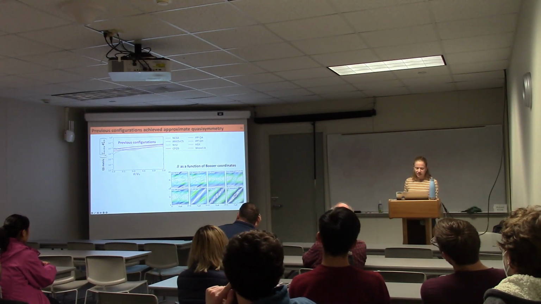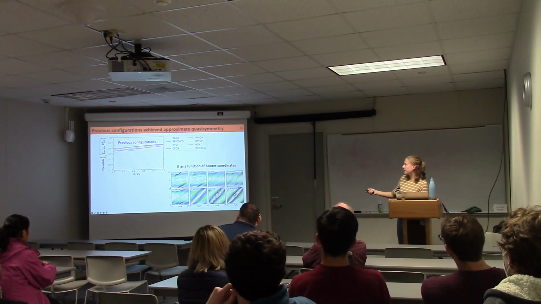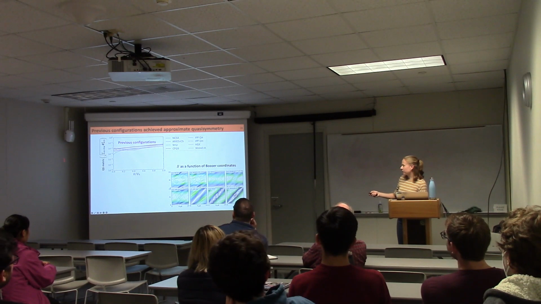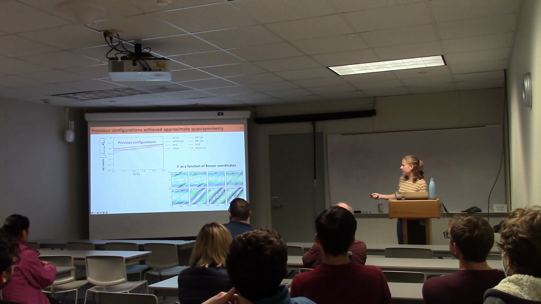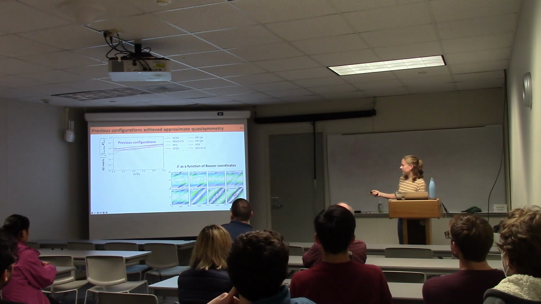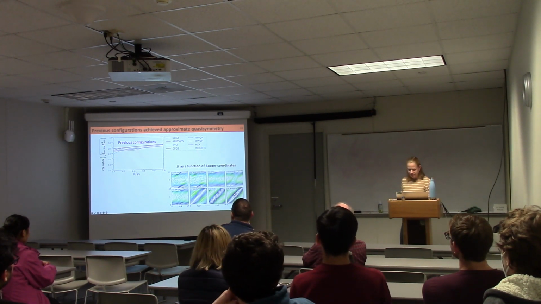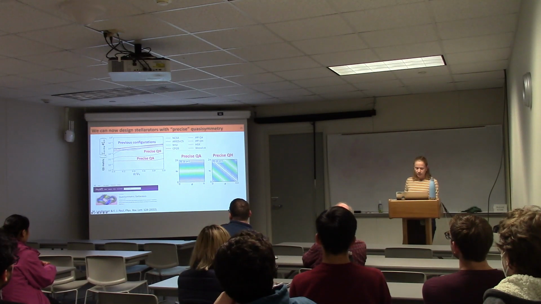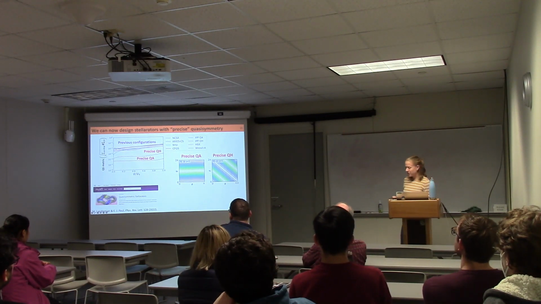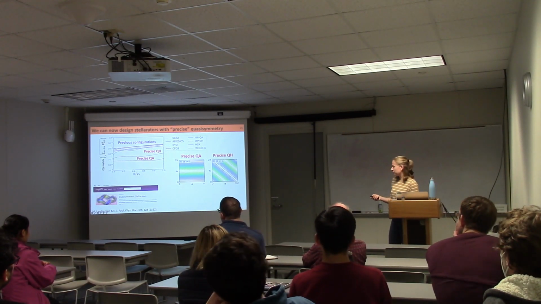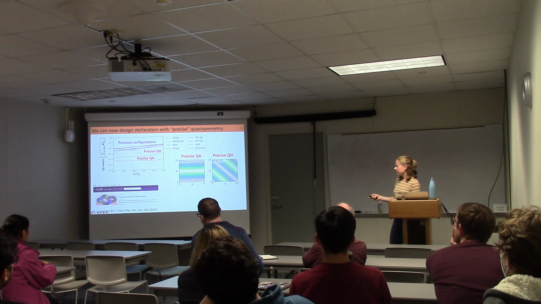And you can quantify this more exactly. On the y-axis is a measure of the quasi-symmetry error as a function of radius, and it's on the order of 10 to the minus 3 in these historical devices. More recently, because of advances in the optimization, we found some new configurations that have much better quasi-symmetry.